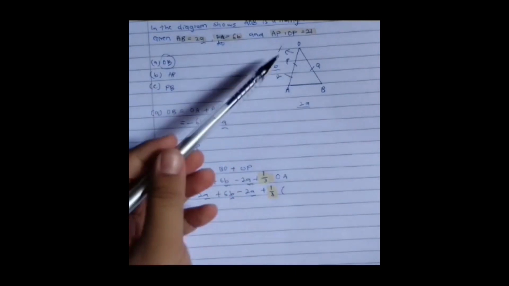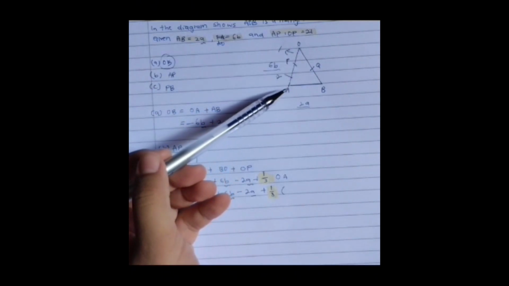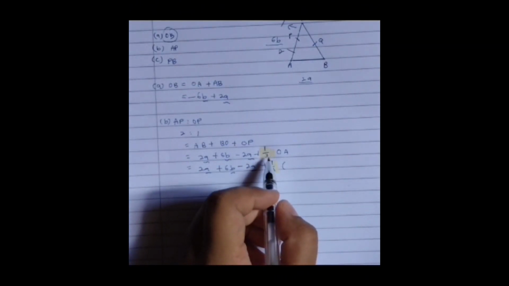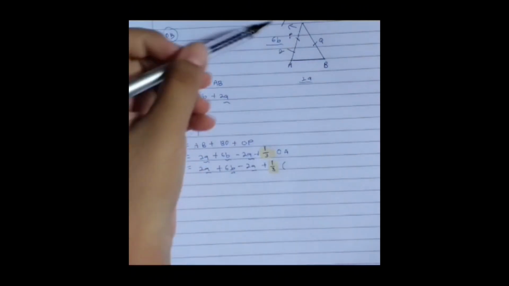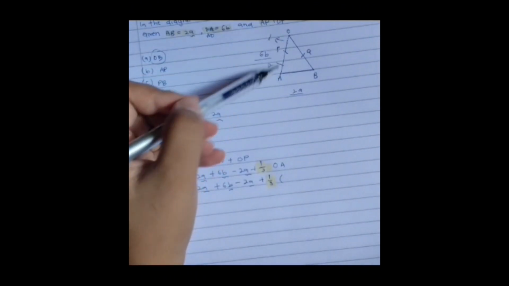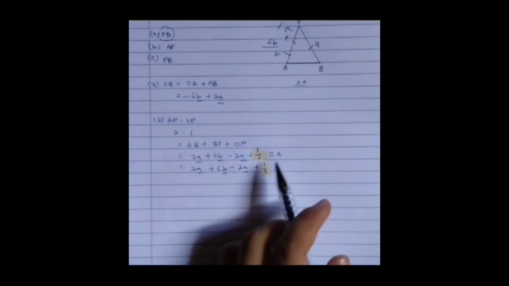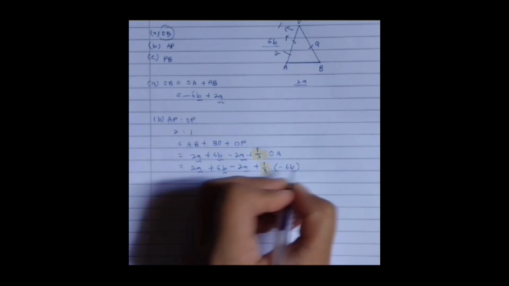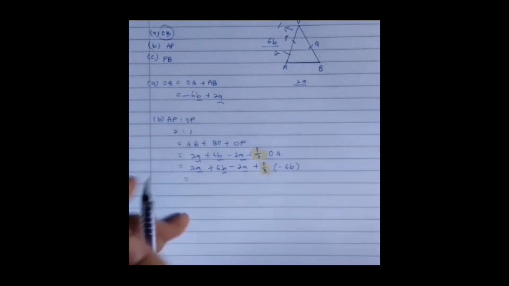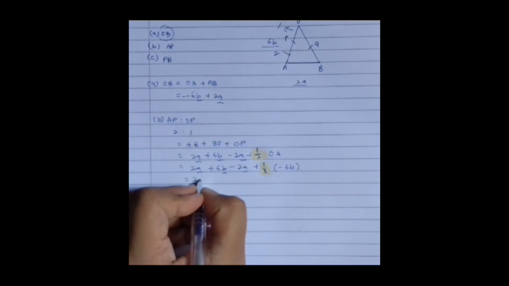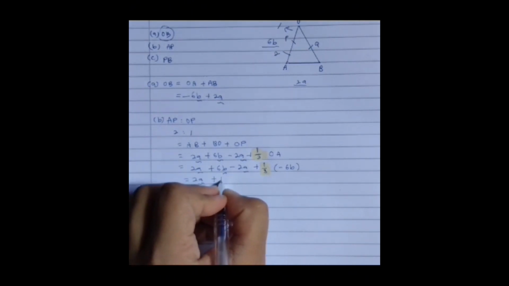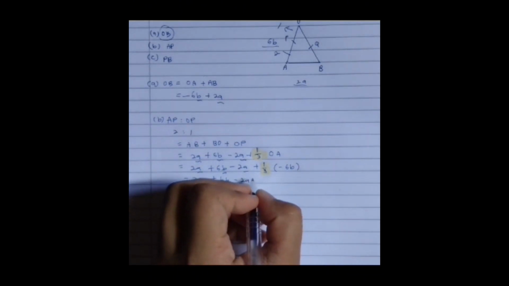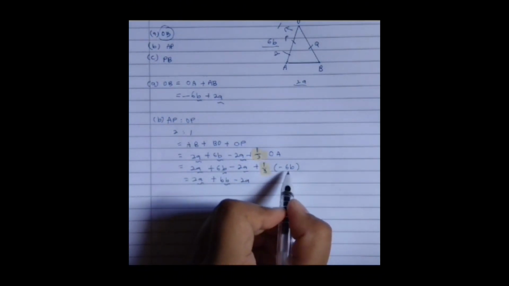OP is located at the center of O and A. So we have to write it as 1/3 of OA since it has 3 components here. So we just have to write like this and OA, which is negative 6B. And then we have to write this back to A. Then we have to multiply in this.